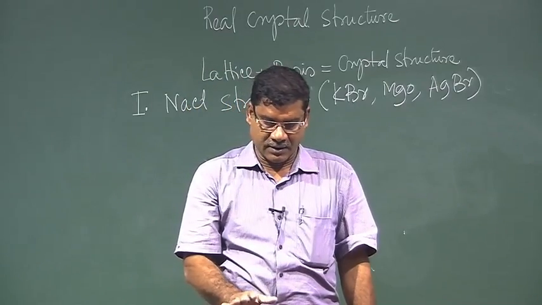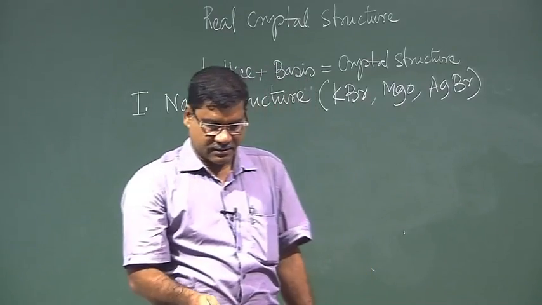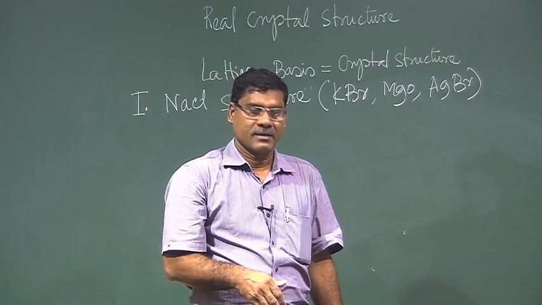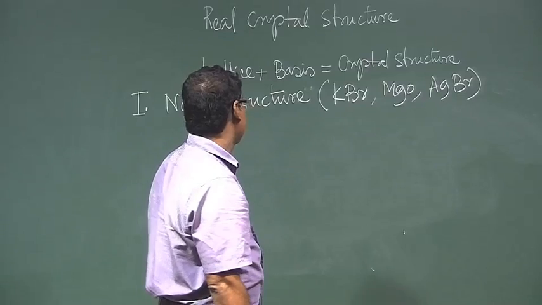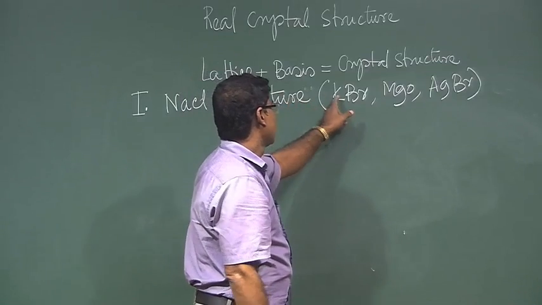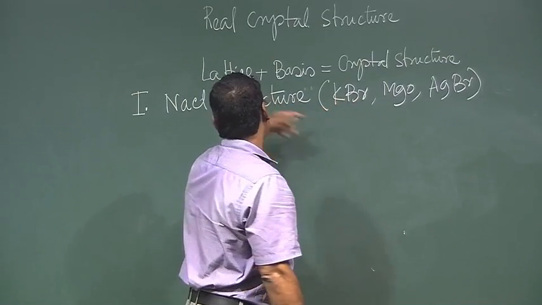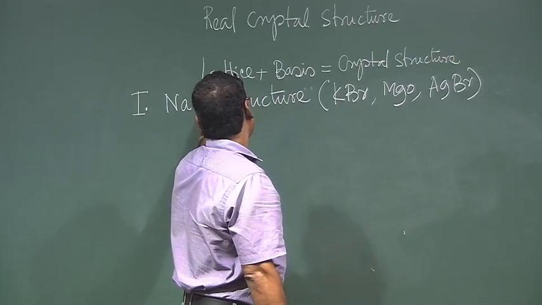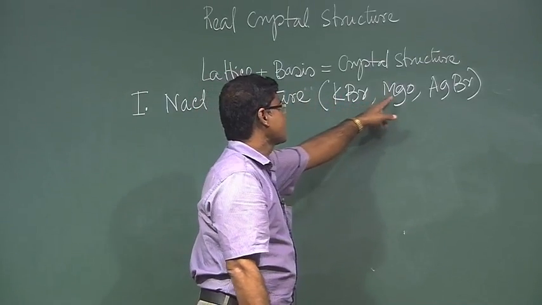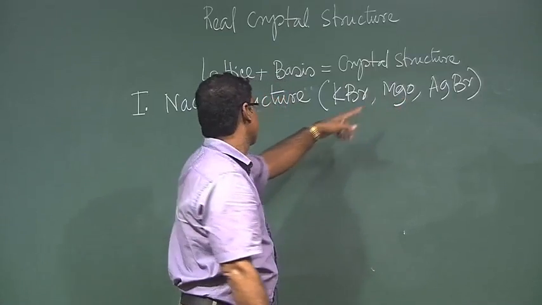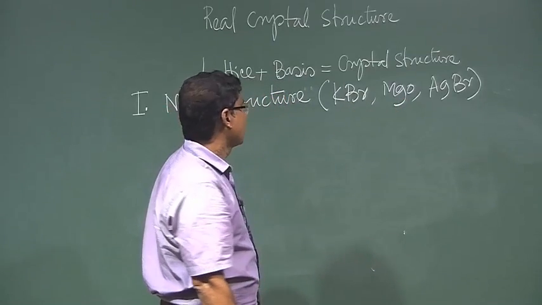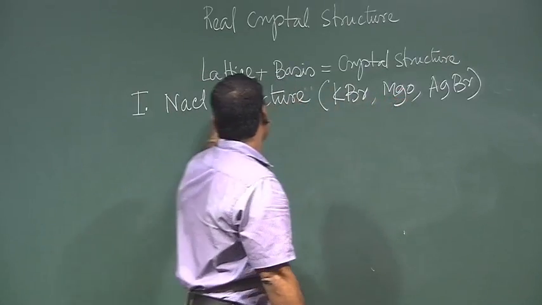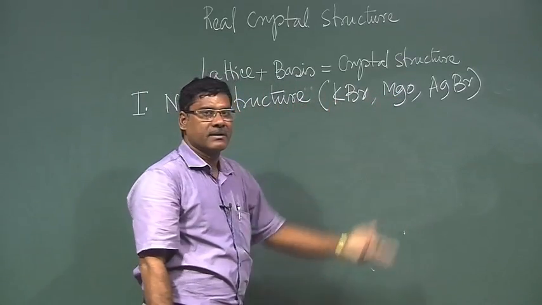That way one can realize the sodium chloride structure, and other materials also have a similar structure. In potassium bromide, sodium is replaced by potassium and chlorine is replaced by bromine. In magnesium oxide, magnesium can sit at the sodium place and oxygen can sit at the chlorine place.